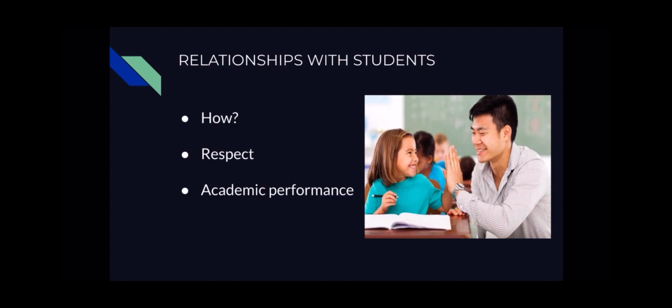After you create that relationship with your students, they will start to respect you more, and they will start to respect their classmates. As you build relationships with your students, you will also see their academic success go up, because they are more comfortable with you, and they'll be more comfortable asking questions in the lesson and getting the extra help that they need in order to get the good grade, or get the content that they need.